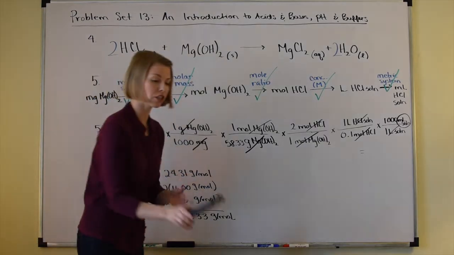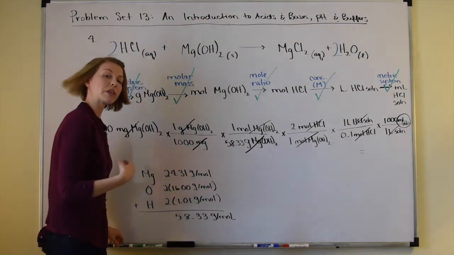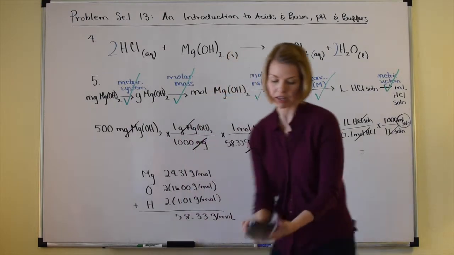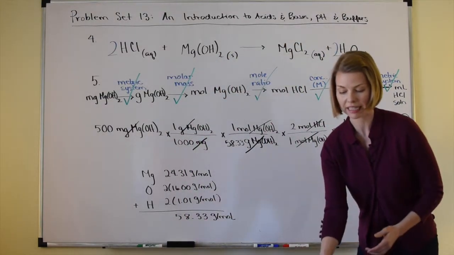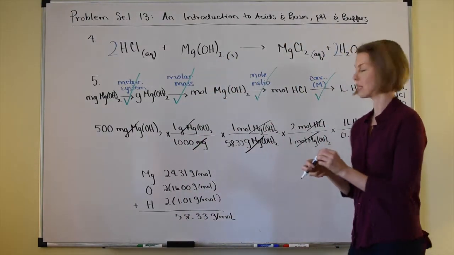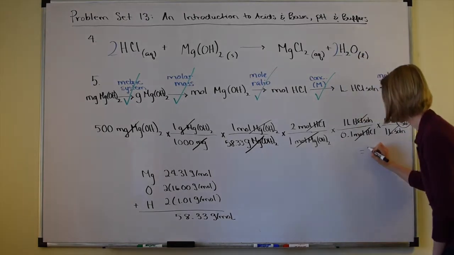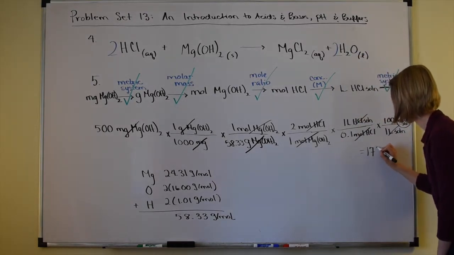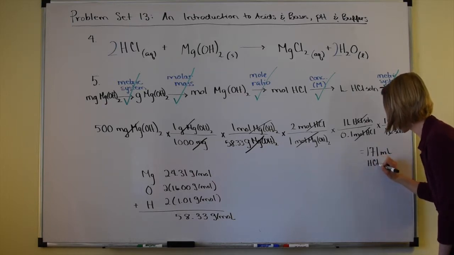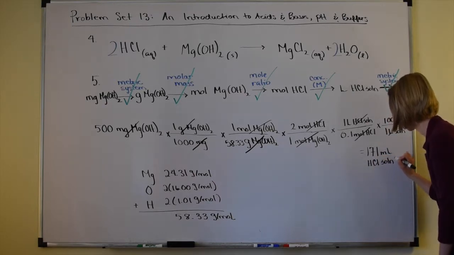And for my final answer, you're told to keep 3 sig figs in the problem. So my final answer will be 171 milliliters. Let's write it right here. And that's of the hydrochloric acid solution.